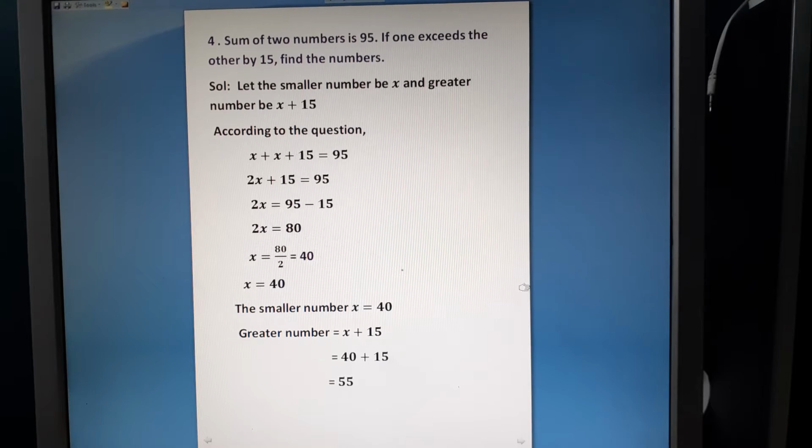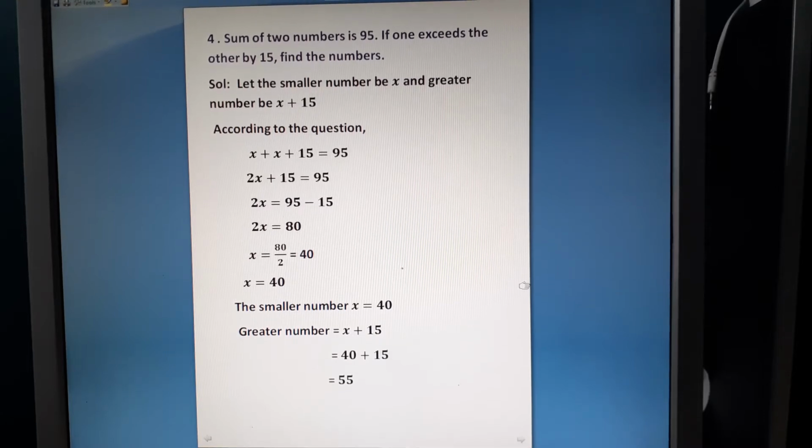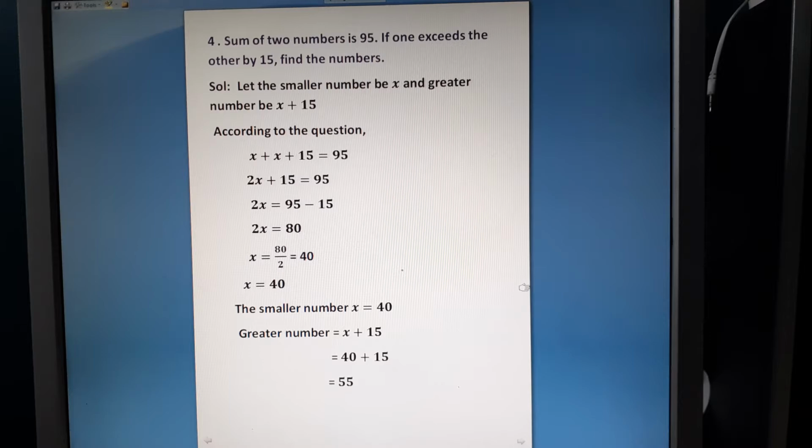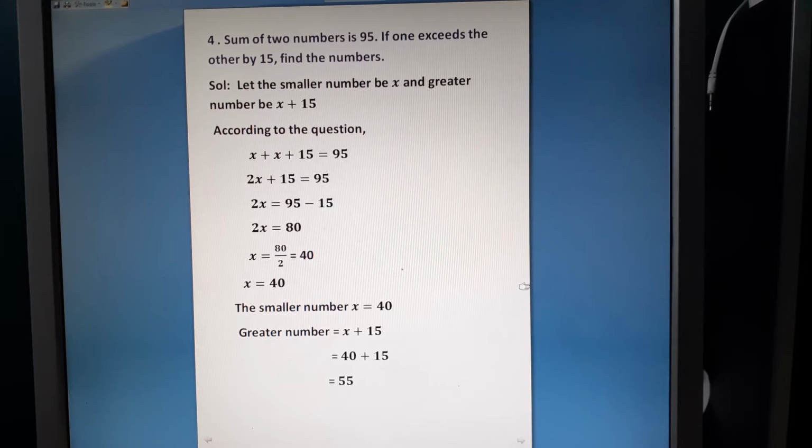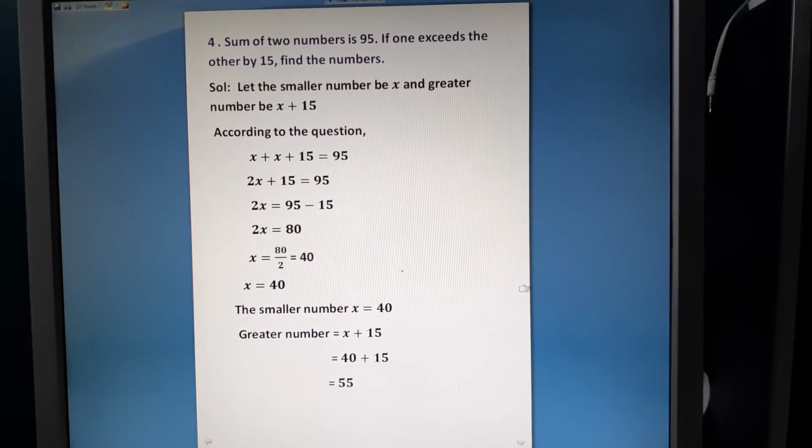So 2x plus 15 is equal to 95. 2x is equal to 95 minus 15. The left hand side plus 15 comes to this side and changes into minus 15. Now 2x is equal to 80. x is equal to 80 divided by 2, that is equal to 40.